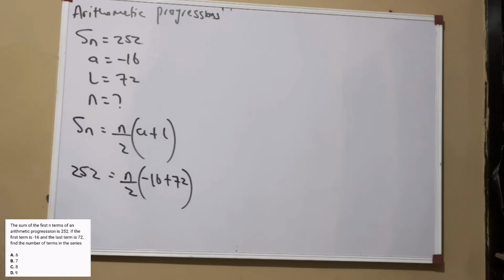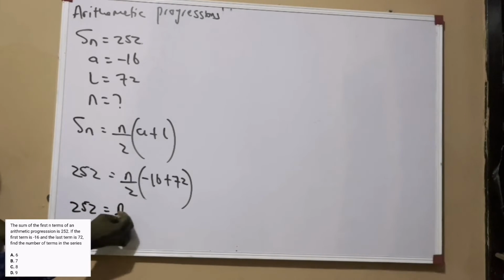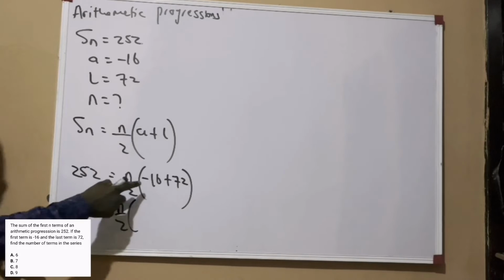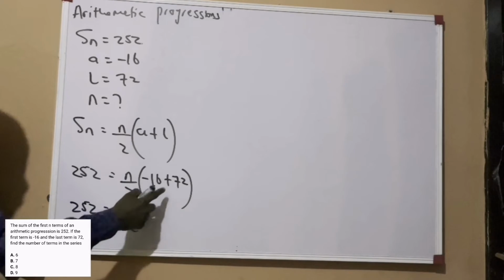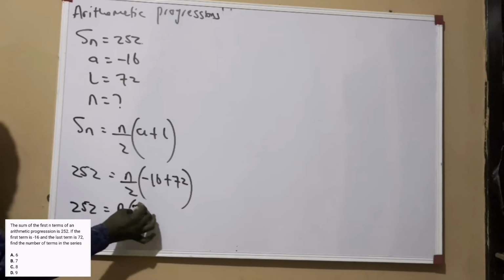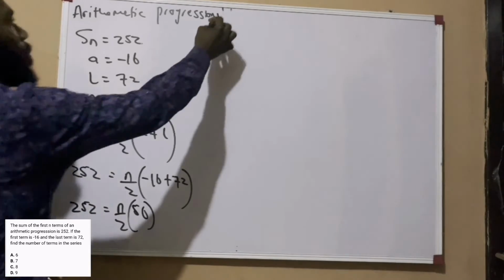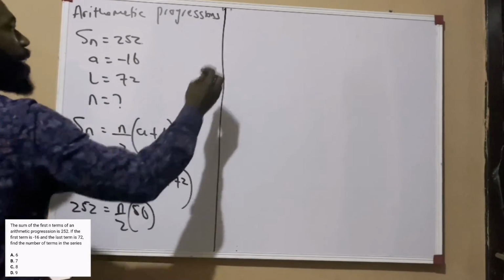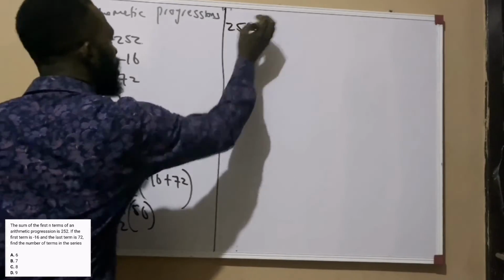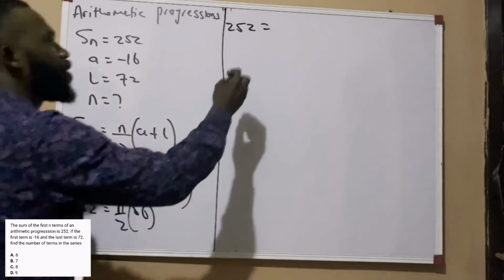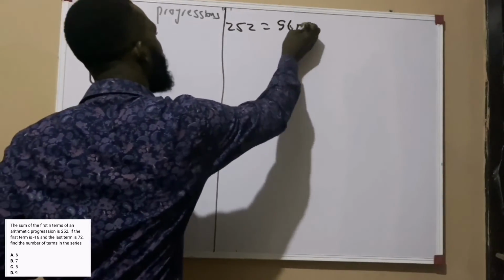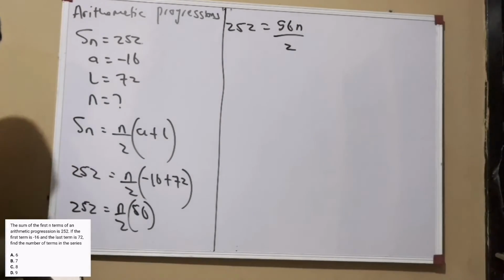Okay, what we have now is 252 equal to n over 2 into the bracket of minus 16 plus 72 gives us 56. Okay, now what we're going to do is this now. Let us open the bracket. If we should open the bracket, we are going to get 252 is equal to n times 56 gives us 56n over 2.